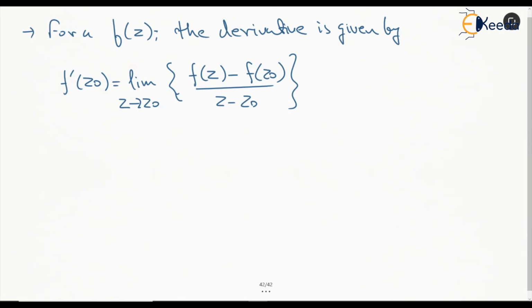This is how the derivative is given, where z tends to z naught.